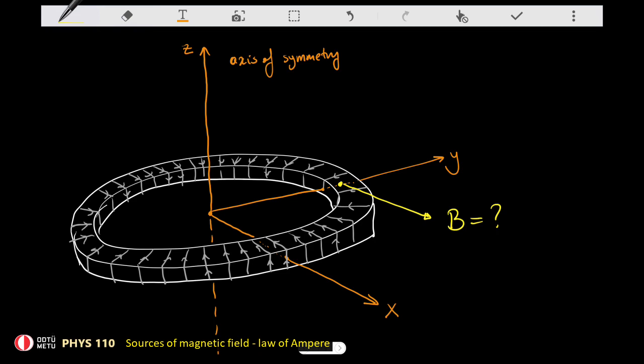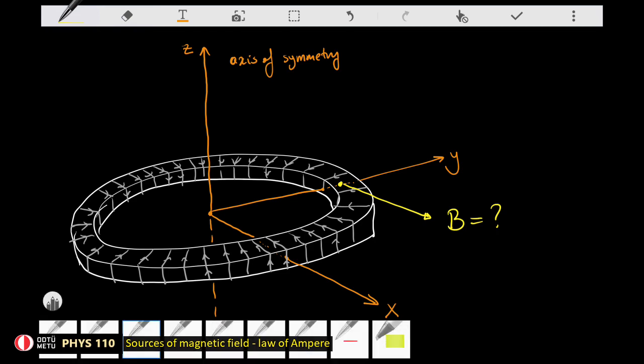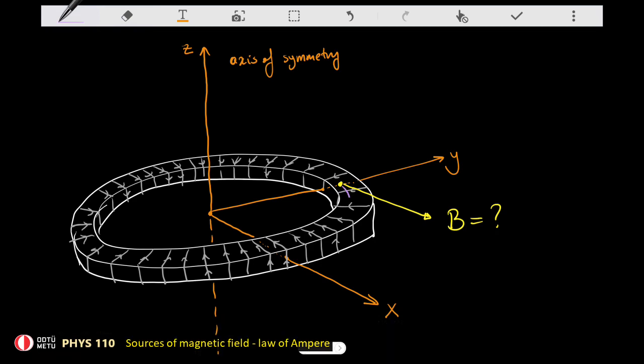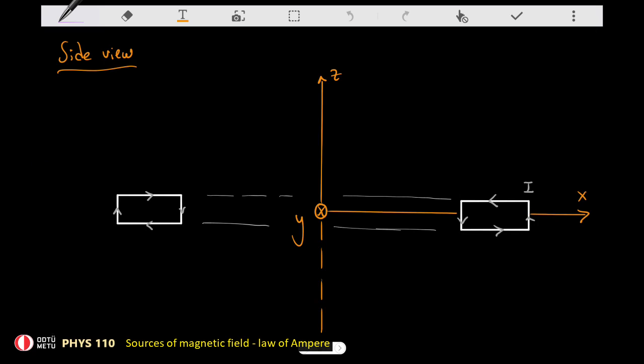magnetic field. Again, we draw the Amperian loop as a circle, but this circle is inside the toroid, so it will be somewhere in here. But I'm going to show them in these two alternative pictures. So in this case, it doesn't have to be on the xy plane, right?